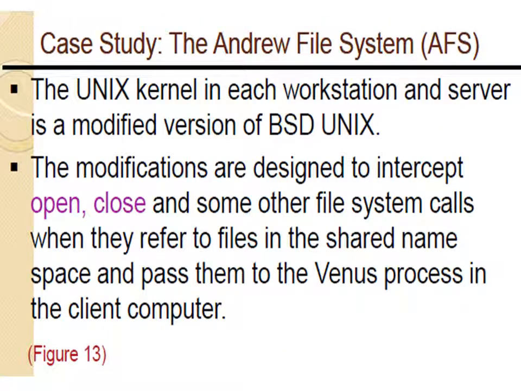The Unix kernel in each workstation and server is a modified version of BSD Unix. The modifications are designed to intercept open, close and some other file system calls when they refer to files in the shared namespace, and pass them to the Venus process in the client computer.